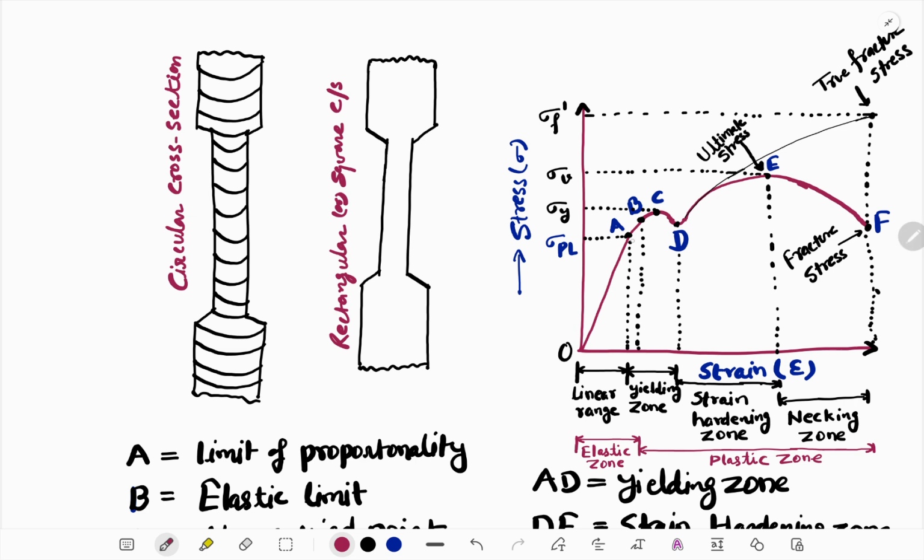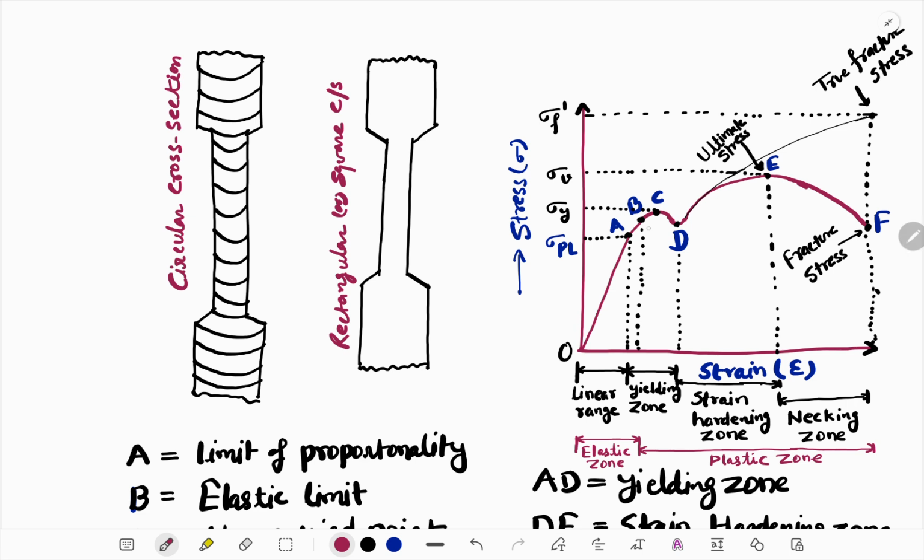But if we go to point B, this point B is called the elastic limit. Up to point B there is a probability or chance to regain its original shape. At point A a 100% recovery is possible, but from point B it may not be 100%, though recovery will happen.